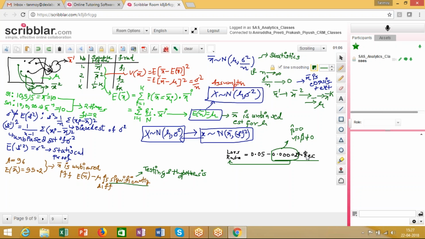Clear? Okay. So over here, what I always want to understand is, does this impact the loss rates significantly?